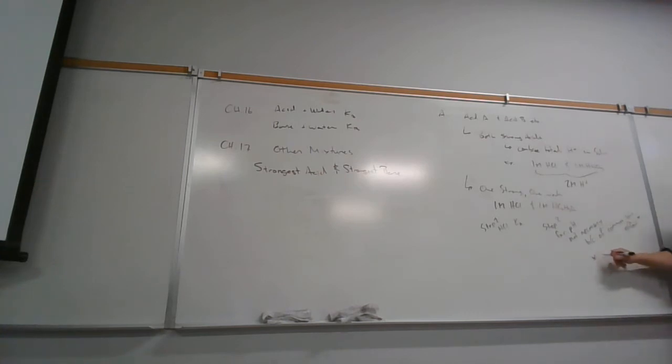So only if the HCl concentration were less than, let's say, 10 to the minus 6 molar, like 10 to the minus 7, 10 to the minus 8, 10 to the minus 9 molar, we work it out.